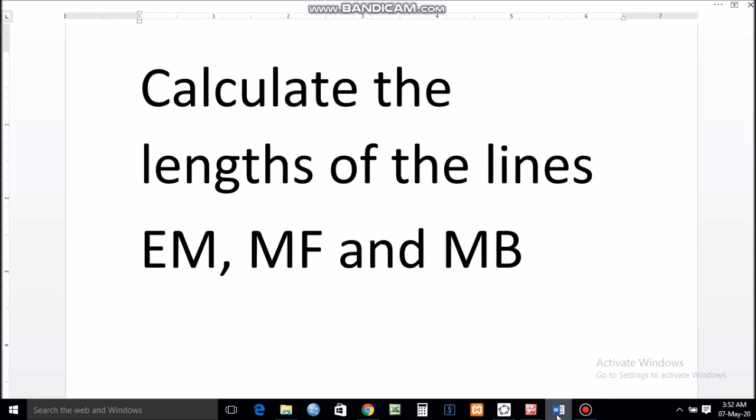That is, before you calculate the angles between 2 lines in a 3-dimensional object, you need to be well grounded in the concept of calculating lengths of lines in 3 dimensions. So I would like you to calculate the lengths of the lines EM, MF, and MB. Then we can proceed.